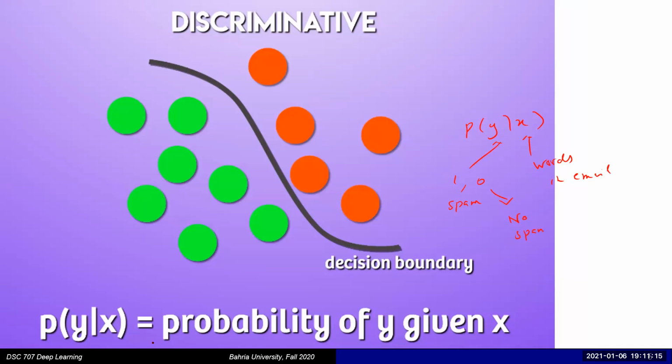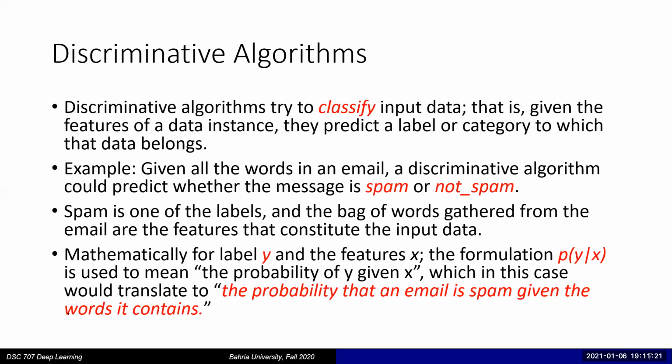So given X, which is the text of the email, you are predicting the label, which is Y. In other words, you are doing classification by looking at all the words in an email. The discriminative algorithm is trying to predict whether the message is spam or not spam. This is something we have been doing throughout our discussion in the previous weeks.